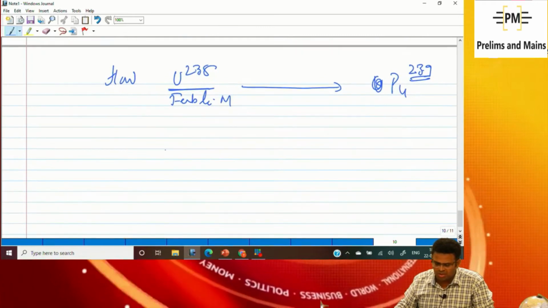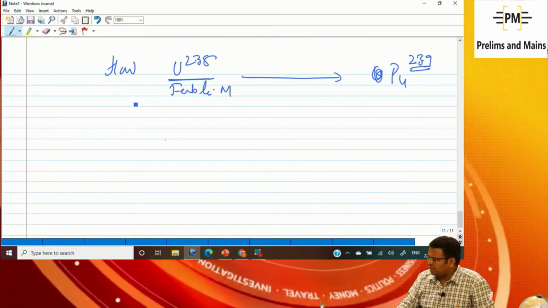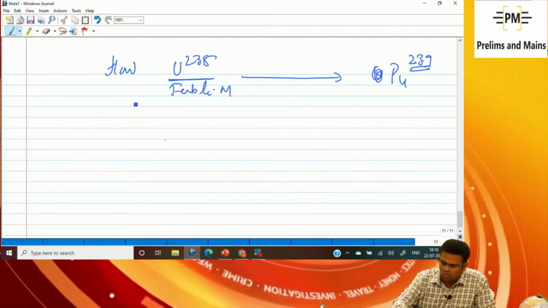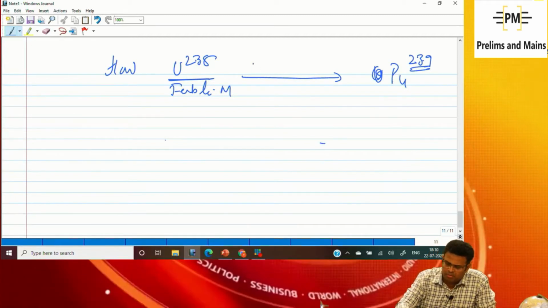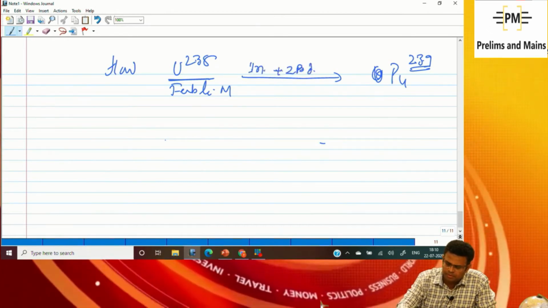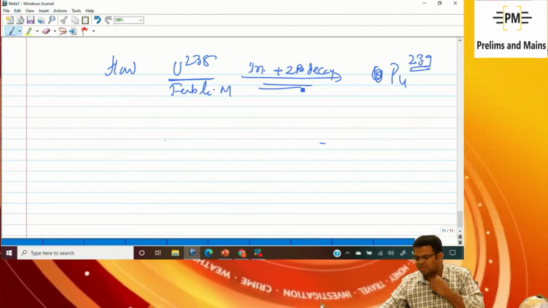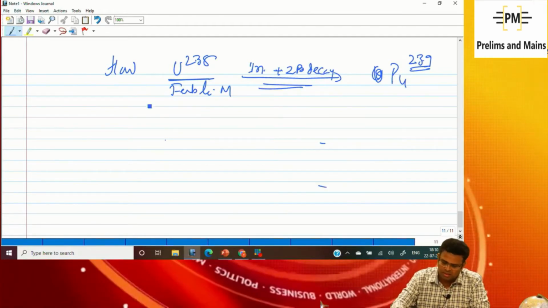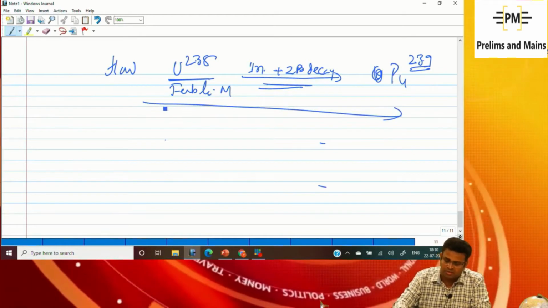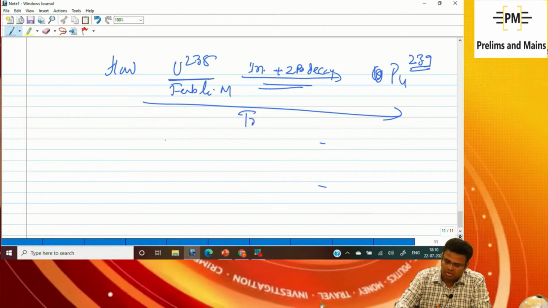My question here is, uranium-238 will convert into plutonium-239. Perhaps you remember, 1 neutron and 2 beta decays. Perhaps all of you remember, the process is transmutation. Just revise, always come to the class with revision. The process is known as transmutation.